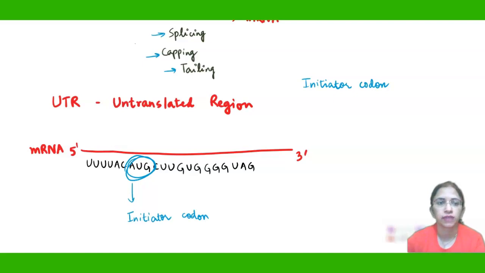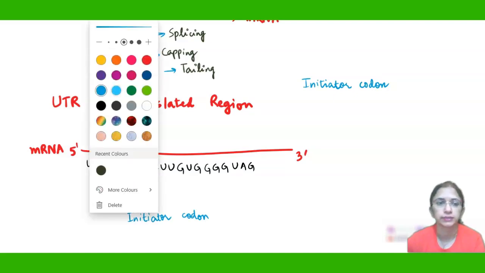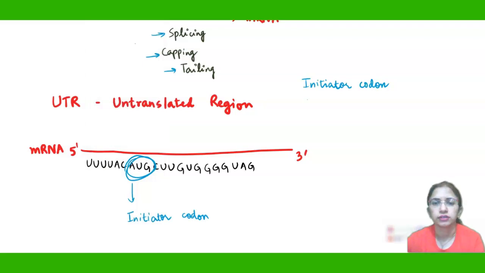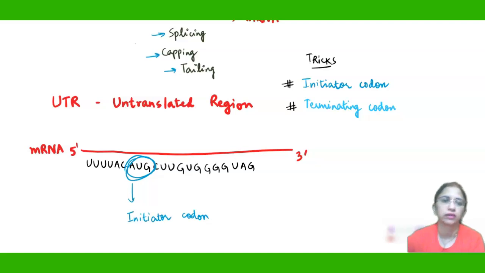Another thing that we need to find out is our terminating codon. So these are the tricks to find out. First, I have told you, you need to find the initiator codon. Second job is to find the terminating codon, and the terminating codon here is UAG.